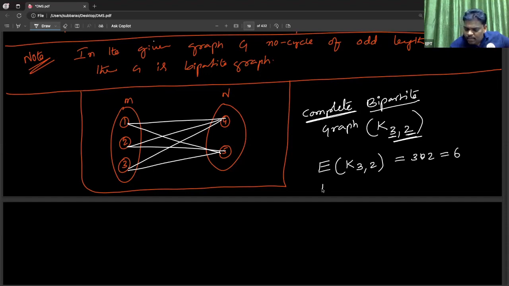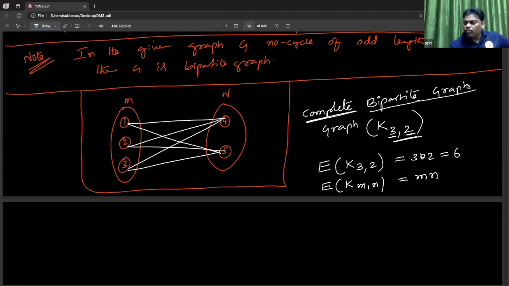In the similar way, for complete bipartite graph K M,N, M people on the left side, N people on the right side, total number of edges is MN. Remember this formula. This formula is only for a complete bipartite graph.